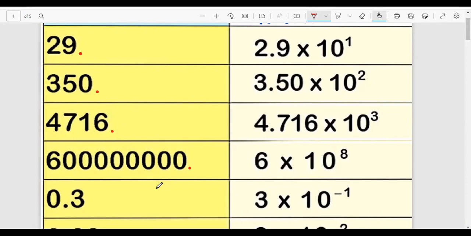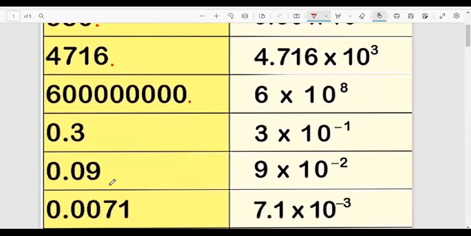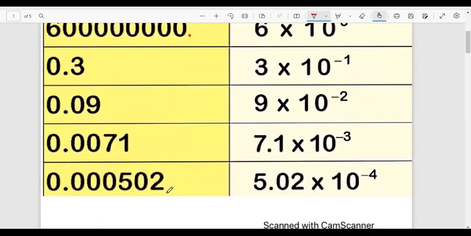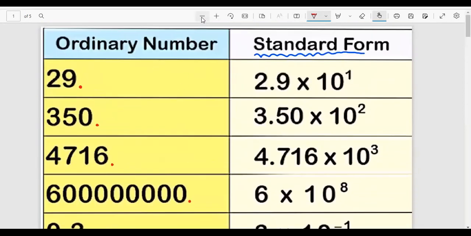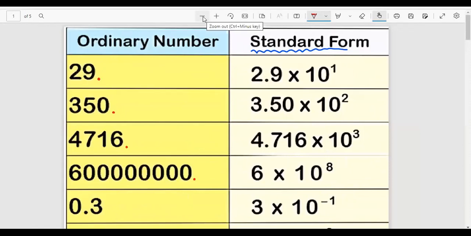Then we have 0.3. The decimal is visible. We have 0.09. The decimal is there. And then we can see the decimal. Now, why am I emphasizing the decimal again and again? I'll tell you. Standard form basically just has one thing in it. You would be able to notice that we have a decimal after the first digit.